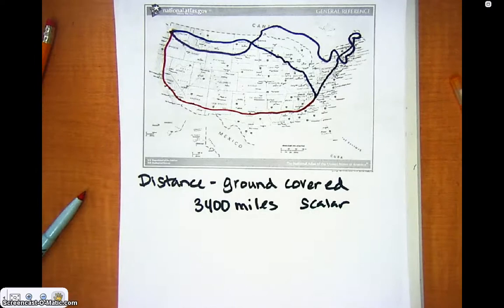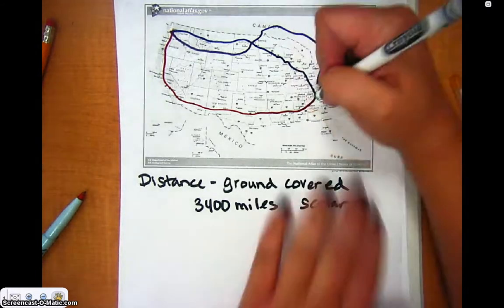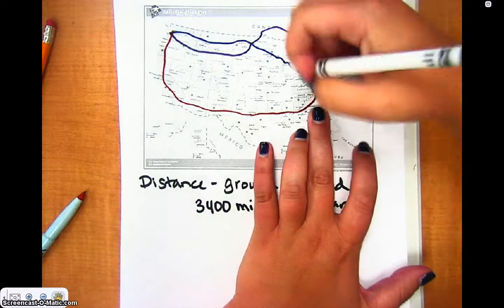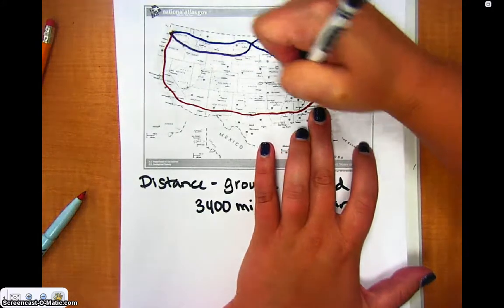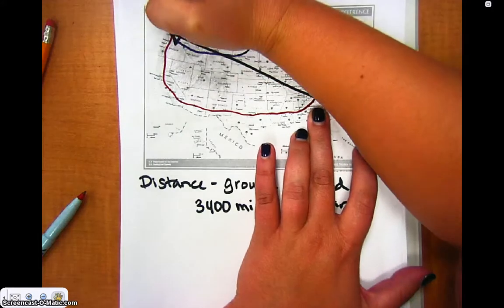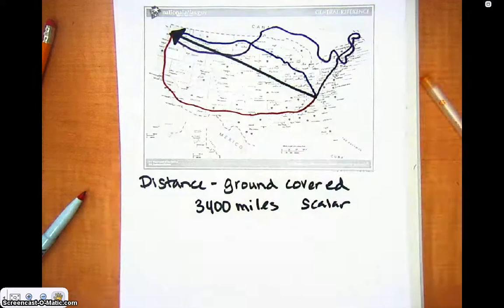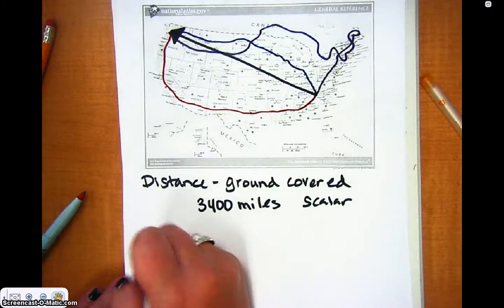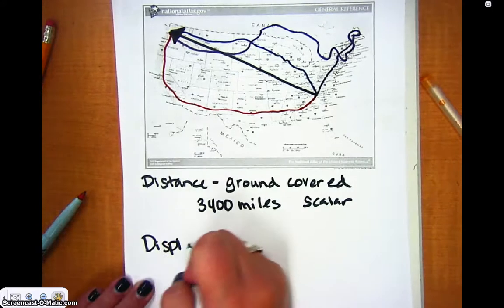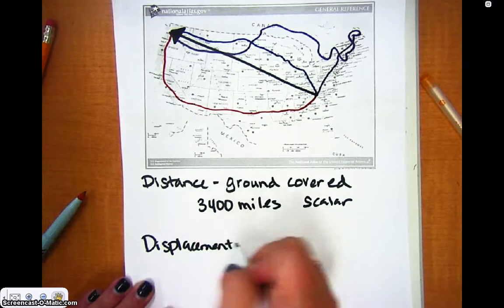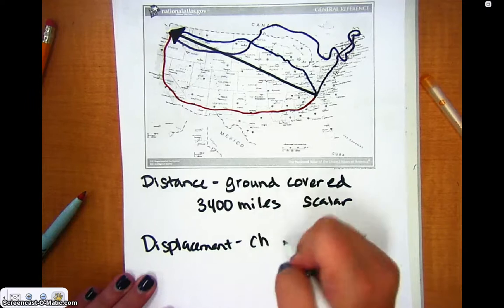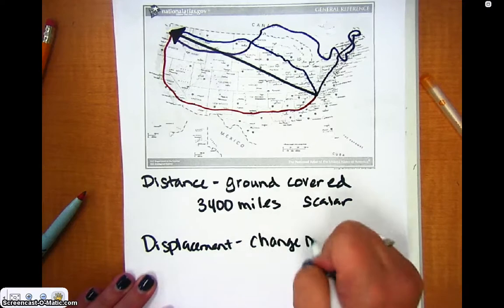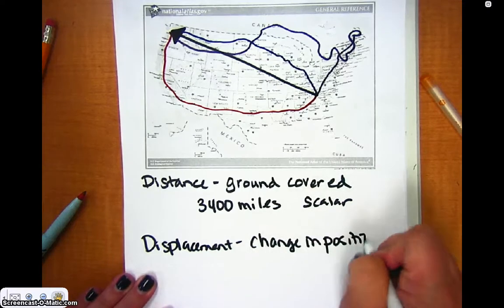Now, for every single one of these instances, you started in Asheville and you ended up in Seattle, right? So if I were to draw just a straight line that connected the two, it would be from here to here, and I draw an arrow because this is actually a vector quantity, and this we call displacement. And displacement is defined by the change in position, right?